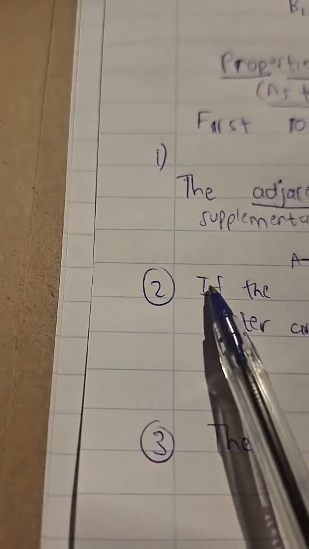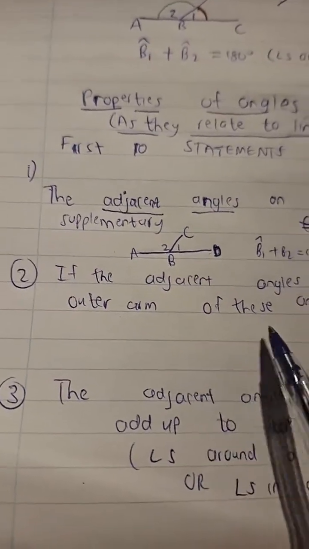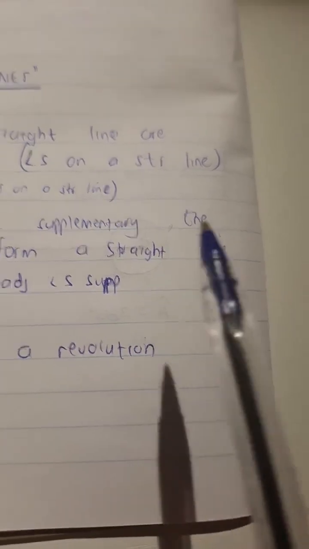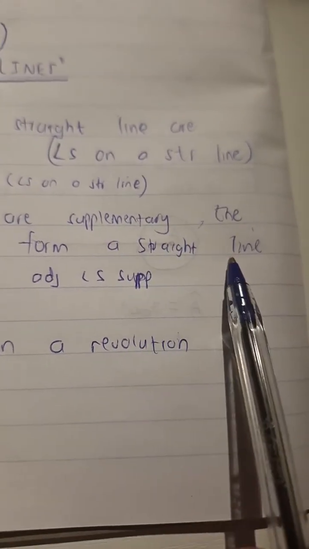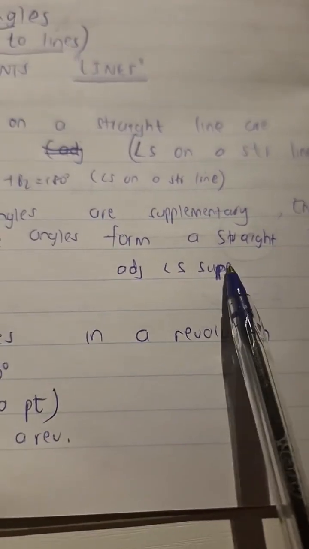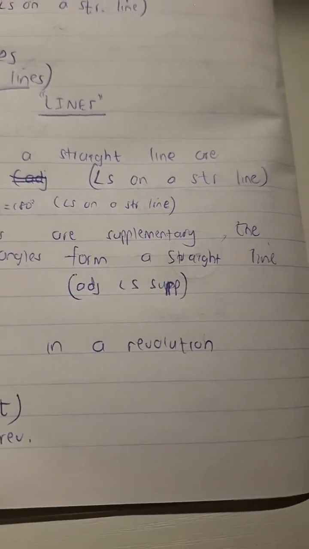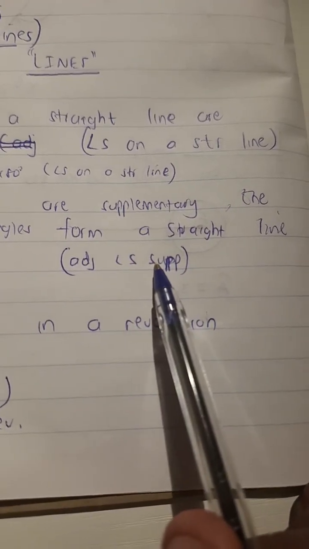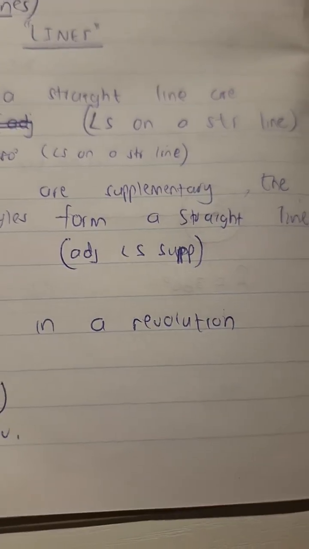So this is a statement we use whenever we want to prove that a line is actually a straight line, that the arms of that particular segment form a straight line. That's how we prove a line is straight, and this is our reason: adjacent angles supplementary. In other words, adjacent angles are supplementary.